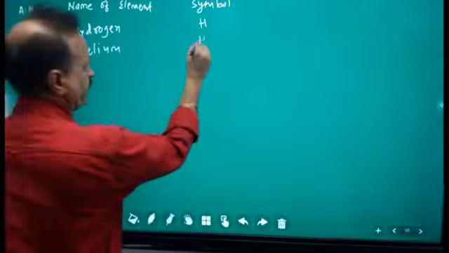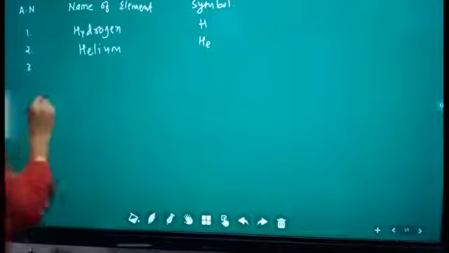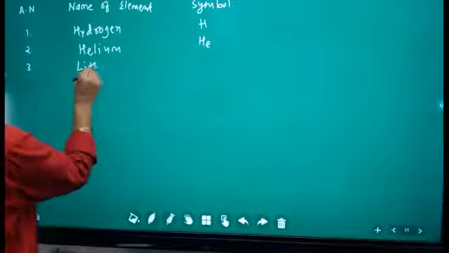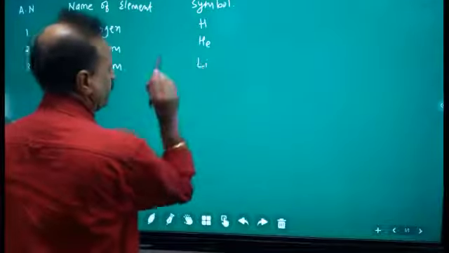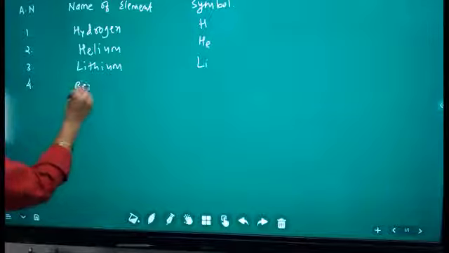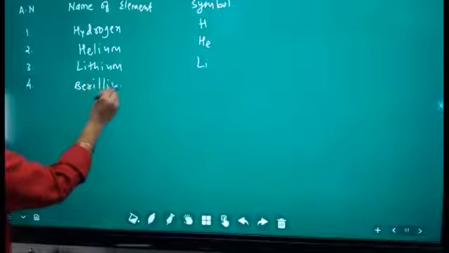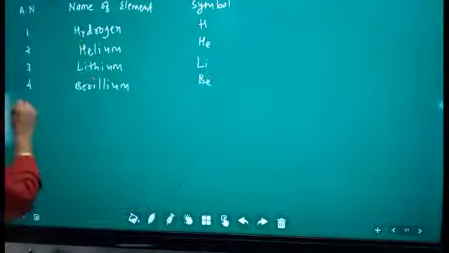Symbol of helium is capital H small e. Third number is lithium. Symbol of lithium is capital L and small i. Beryllium, symbol is capital B small e.